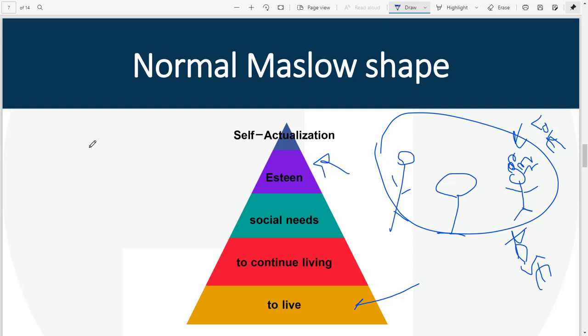Another example, you want to buy a car. Why do you want to buy a car? Because you want to go somewhere. Let me clean it up again. You're going to have two choices.